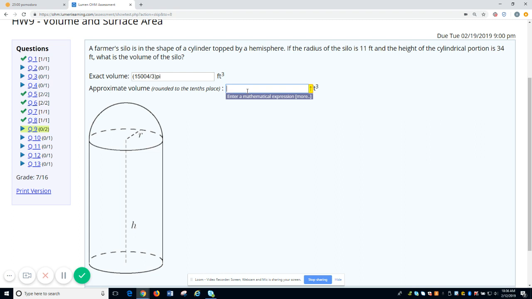And then for the approximate value, I'll divide that 15,004 by 3, then multiply it by pi to get 1,112. Rounded to the nearest tenth, it's one decimal.